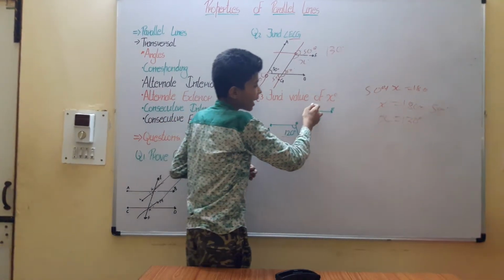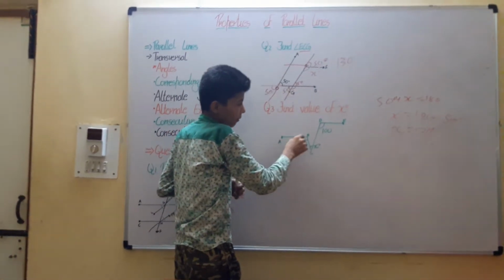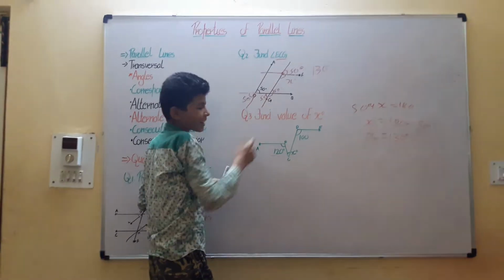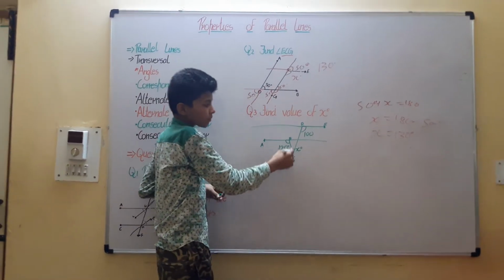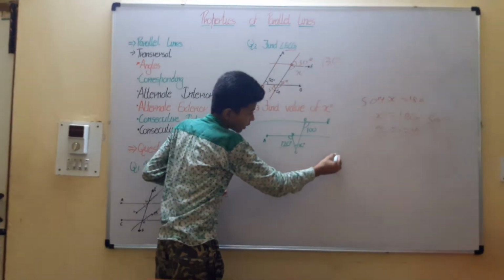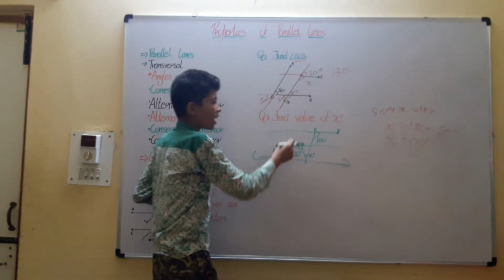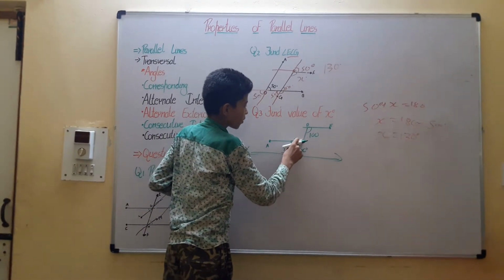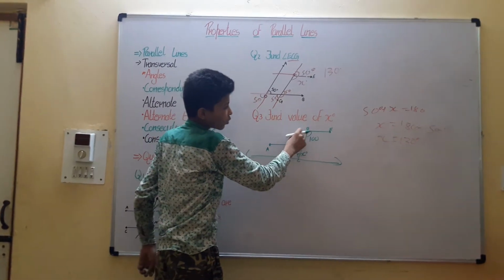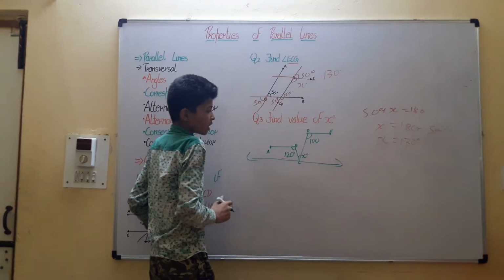Clearly we can see that DE is parallel to AB when we extend them both. But if I draw another line which is parallel to both of these, I could not extend it, but I could make a line and extend it.